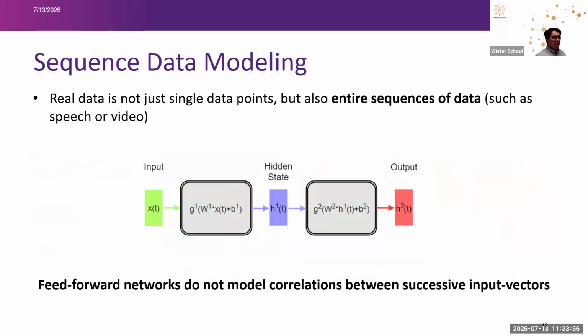As I mentioned before, if the data is not images, what we can do is sequential data modeling. In this case, those feed-forward neural network structures wouldn't function well.